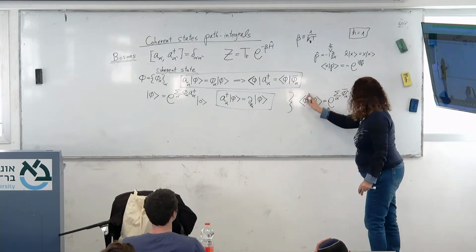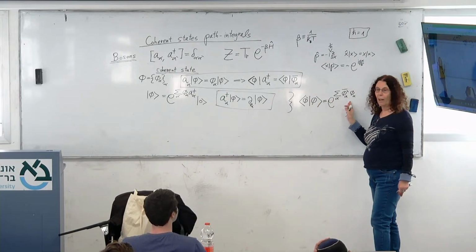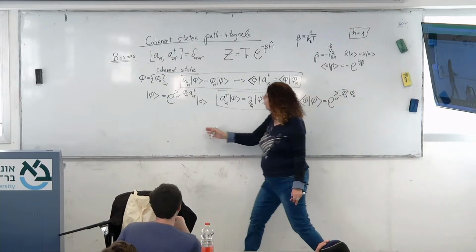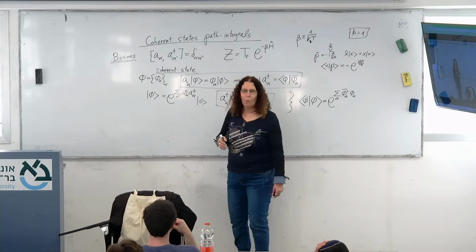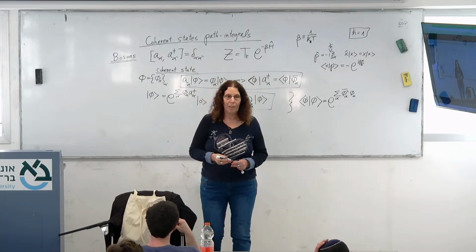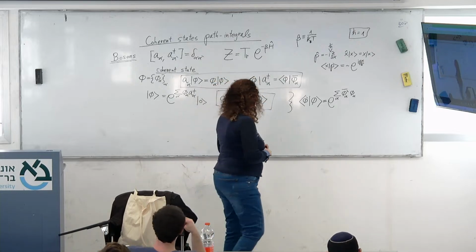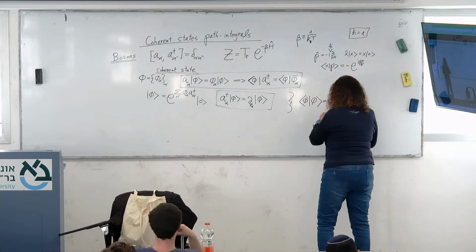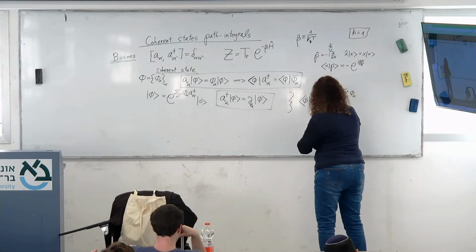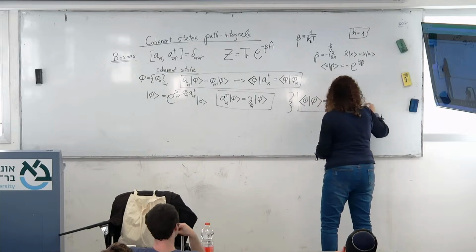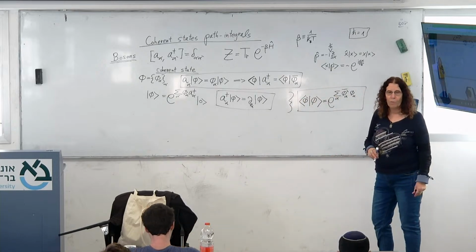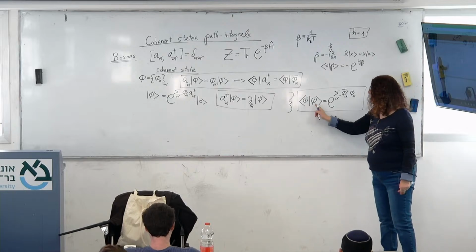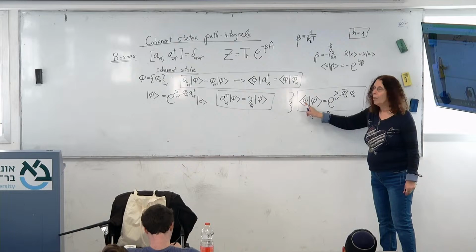Actually, to get this, you can just take the definition and do the calculation. I think you will also get this in your homework. It's a simple exercise, and we're going to prove this identity. There is a closed expression for the matrix element relating phi to phi prime.